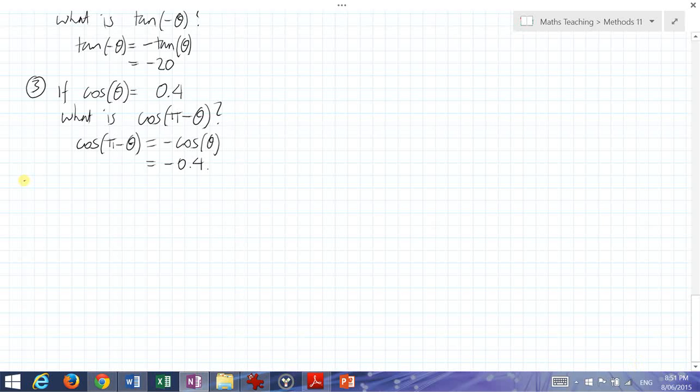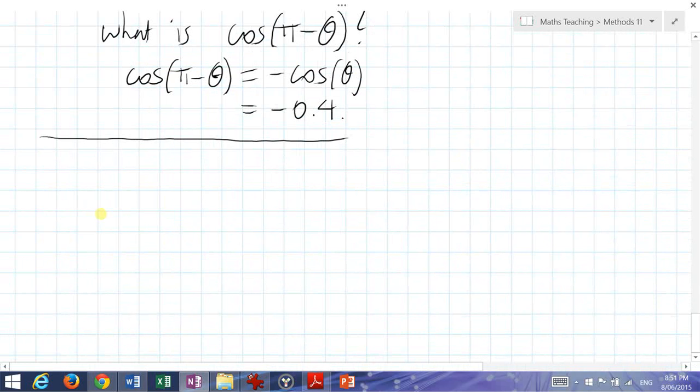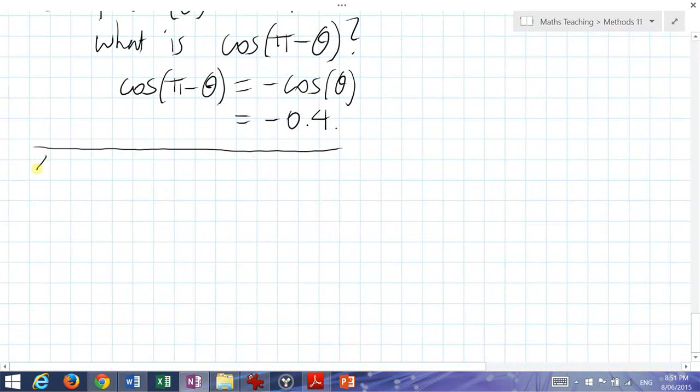We're going to look at two more examples covering these skills that take the skills a little bit further. Here we go.